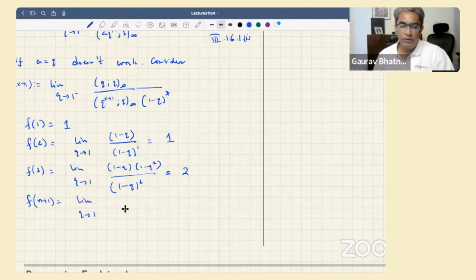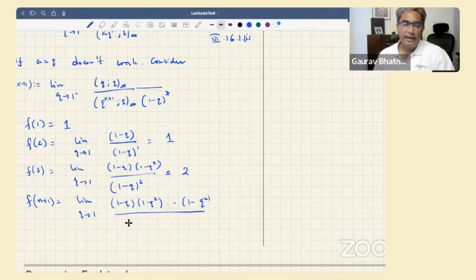When x is equal to 1, you get 1 minus q squared up till 1 minus q raised to the power n, and here you have 1 minus q raised to n. So there are 1 minus q over 1 minus q, 1 minus q squared over 1 minus q. You get 1 into 2 into 3 up till n. So that's n factorial.